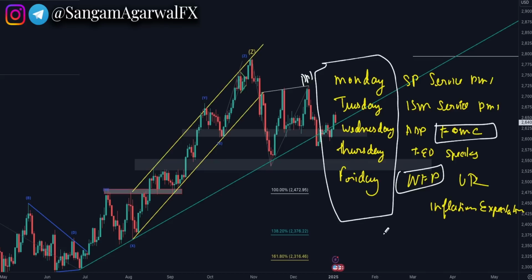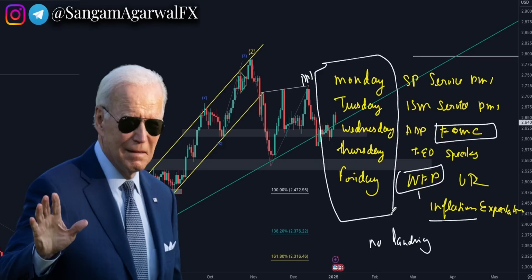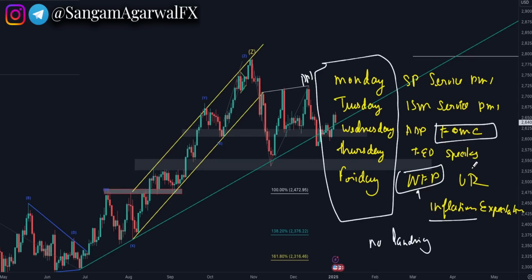All of those things are saying one thing: no cuts, or you can say inflation is rising once again. So the NFP number and UR rate are going in different directions. This is Biden magic.